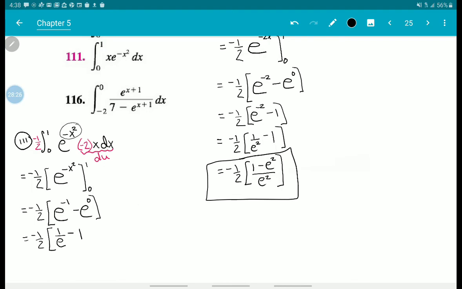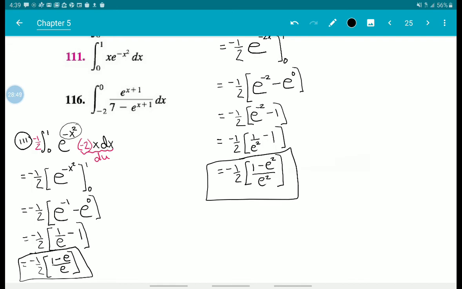E to the 0 is 1. That common denominator would be e. So we're going to have 1 minus e over e multiplied by negative 1/2. There's our final answer. Now, if you want to write the u substitution out, feel free to write the u substitution out.